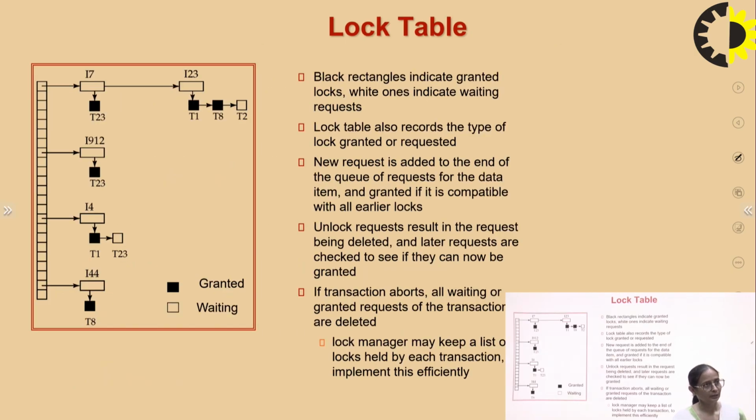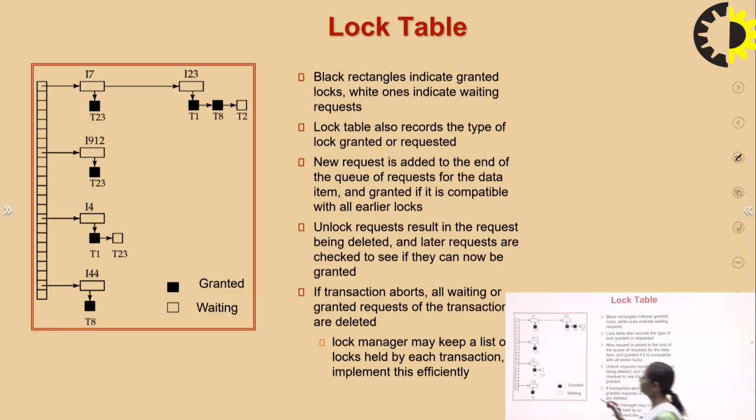So here, this is my lock table, which is implemented with the help of a hash table. The black rectangles indicate the granted locks, and the white ones indicate the waiting requests. Here I have I7 and I23, which are my data items.